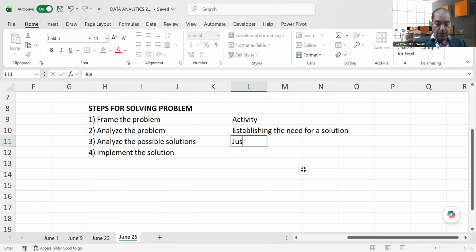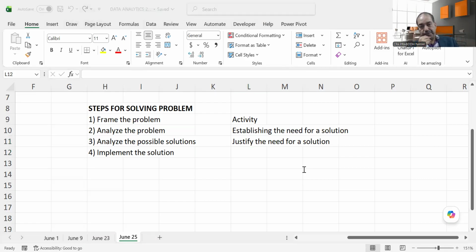Second, justify the need for a solution. How will you justify that this particular solution is required? You'll ask the question: are all the efforts which are going to get the solution aligned with our business strategy, aligned with our business goals? Second, what are the benefits? We are trying to justify the need for the solution.